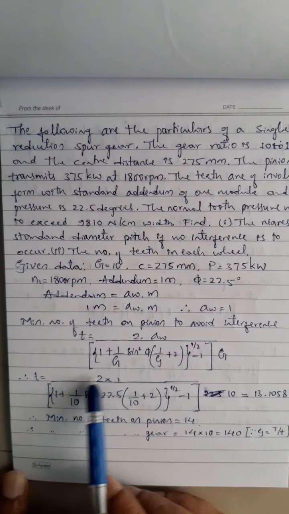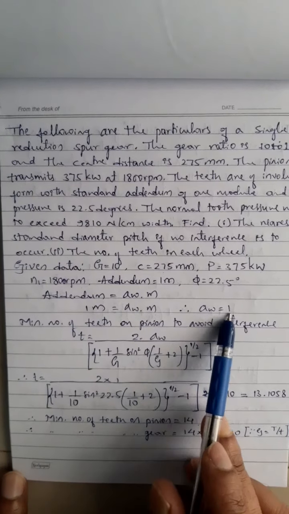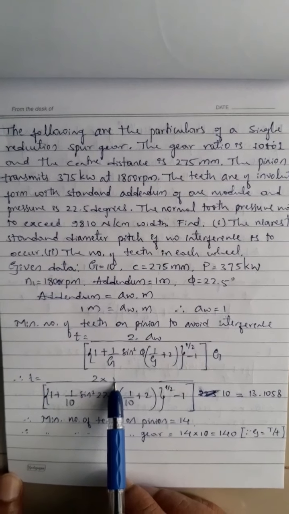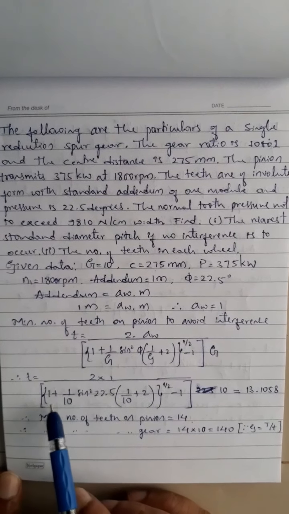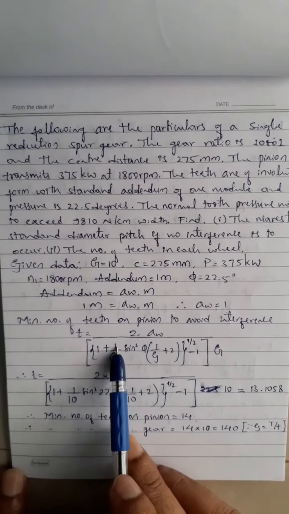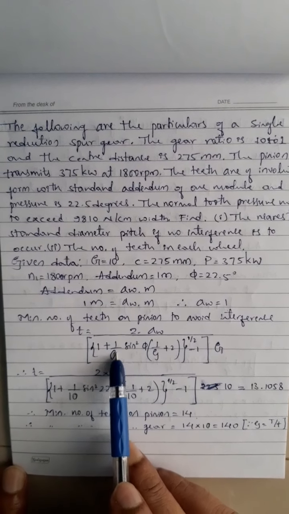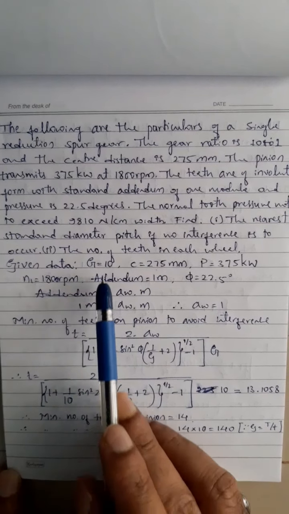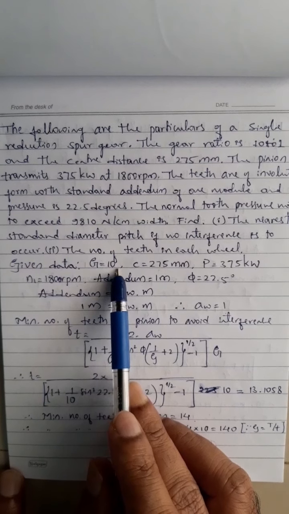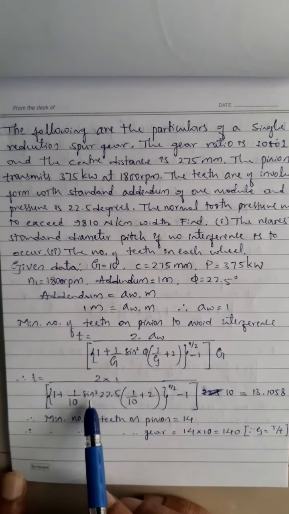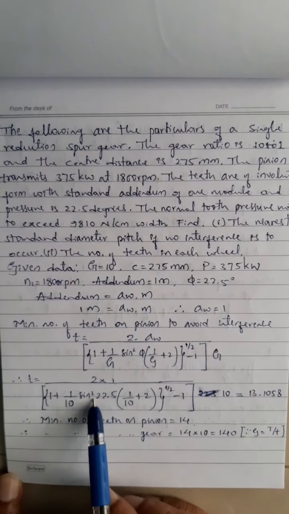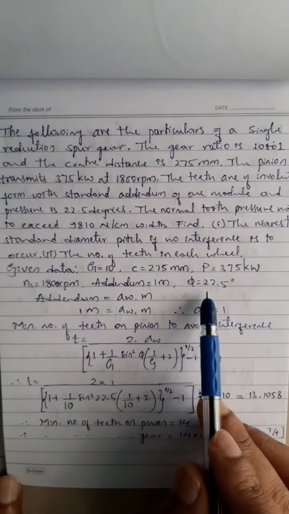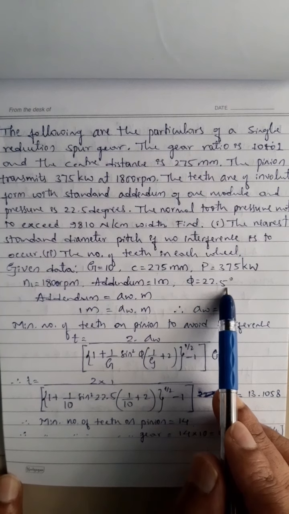So small t is equal to 2 into addendum constant, which is 1, so we'll put it as 1, 2 into 1 divided by 1 plus 1 by 10. The gear ratio G value we have 10, which is given in the question. 1 by 10 sin square phi, where phi is the pressure angle, given in the question as 22.5 degrees.